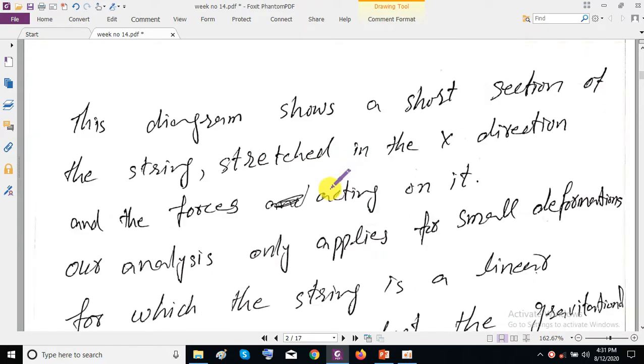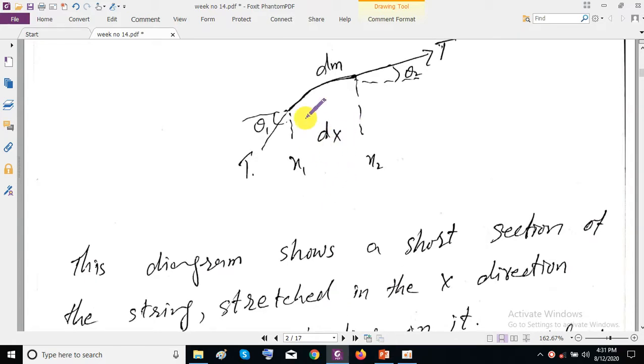And dx denotes the length of this small portion. The length is very small, so we denote it by dx. One tension is here and the other tension is here. These two tensions stretch the given string.